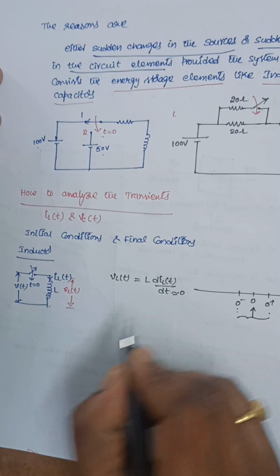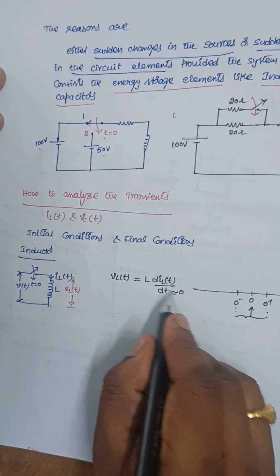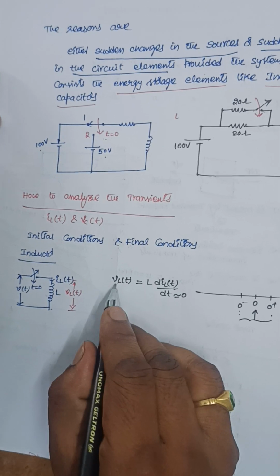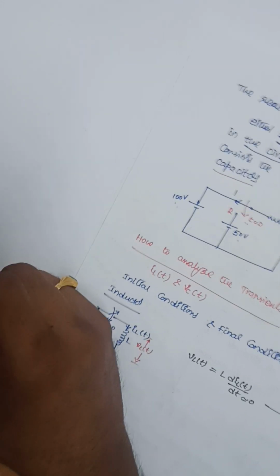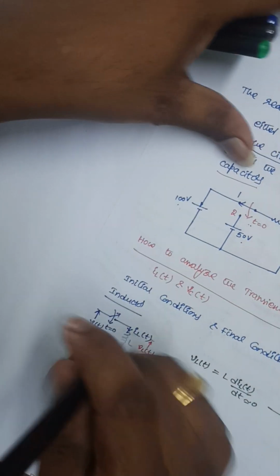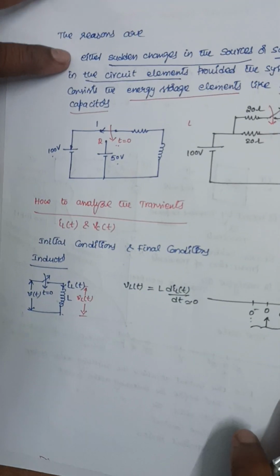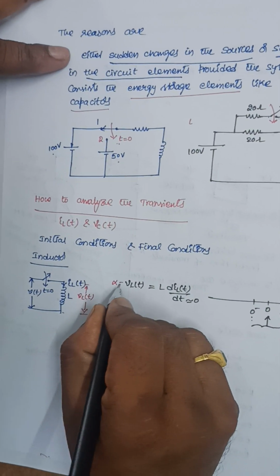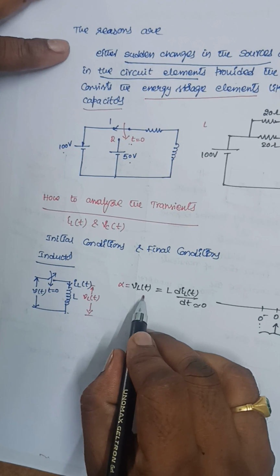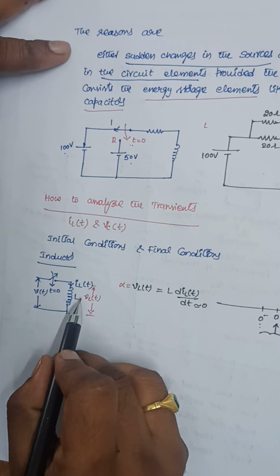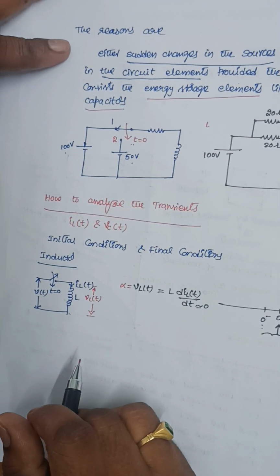If the denominator of this part is 0, then what is this? This is infinity, which means vL of t, which is nothing but this V of t, is infinity.